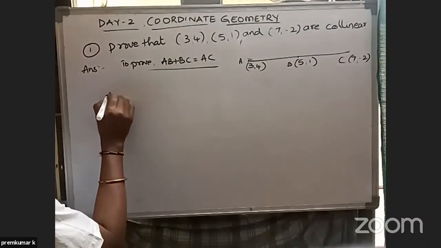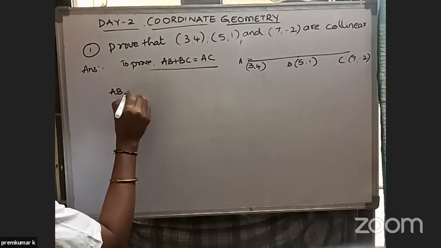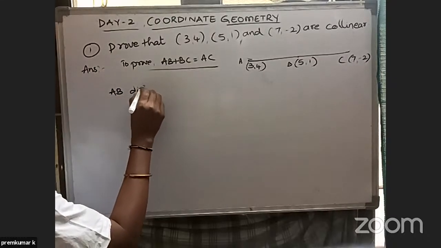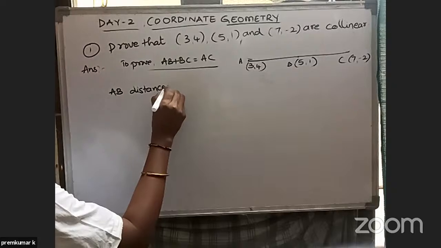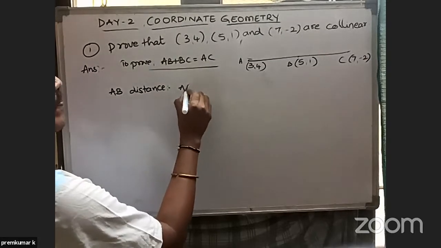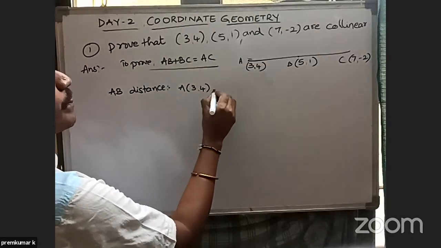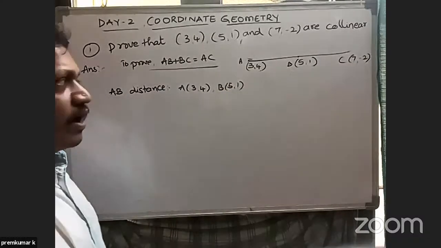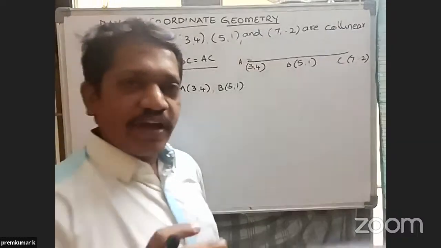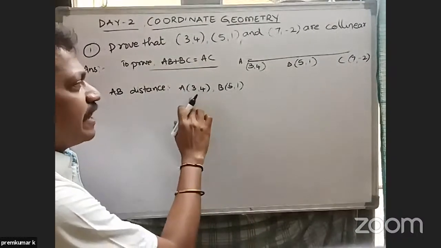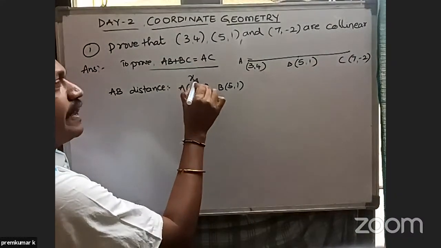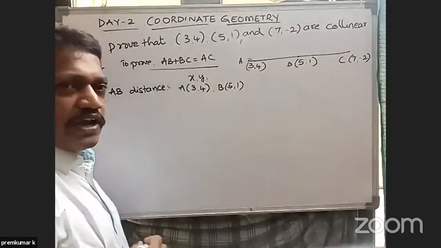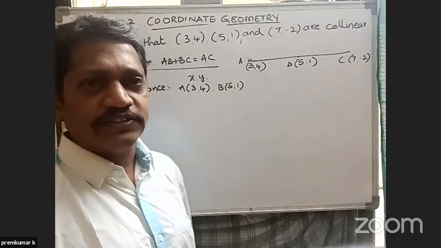Now we have to find the distance AB. A 3, 4, B 5, 1. I have explained to you, whenever you are given like this, first you have to write x1 and y1 on top of the coordinates.